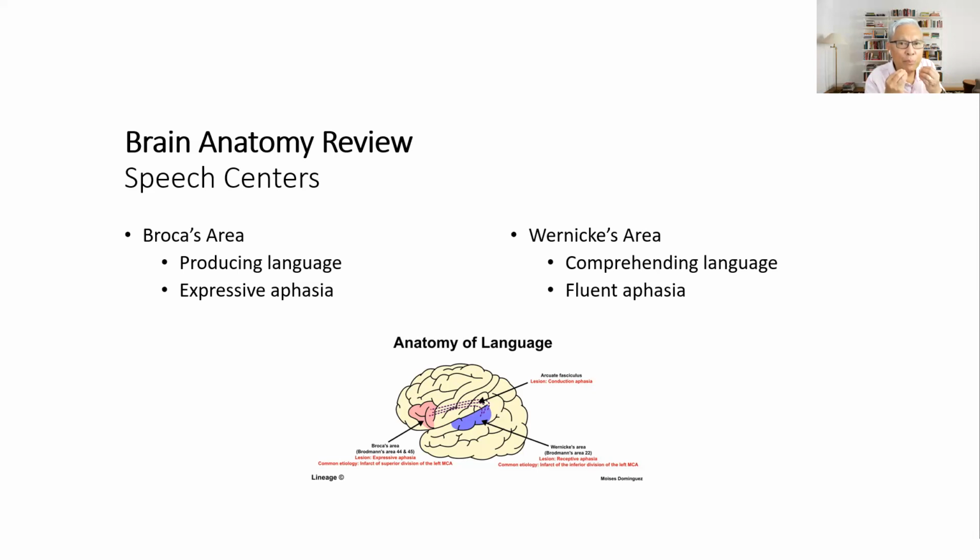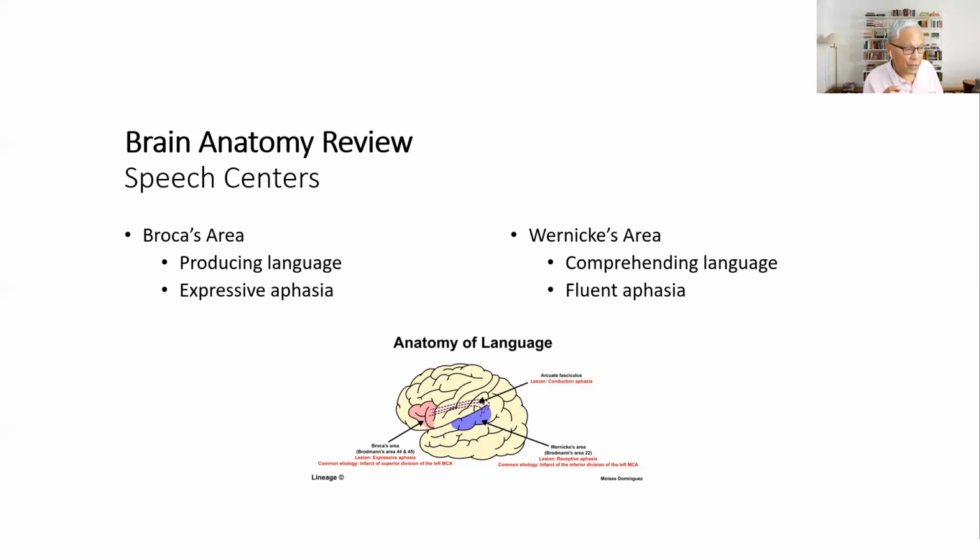When you have Broca's aphasia, you will have expressive aphasia. You know what you want to say, but you cannot move and coordinate the muscles of speech, and therefore you're not going to be able to talk.